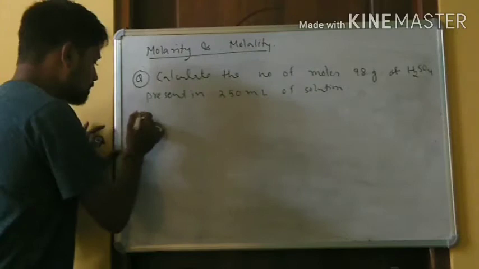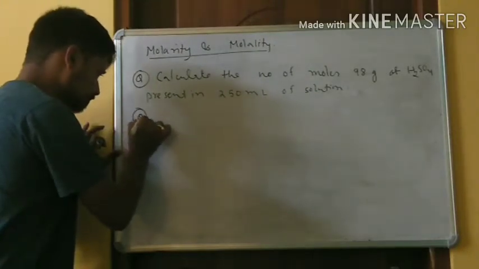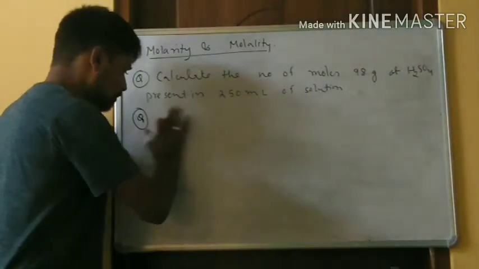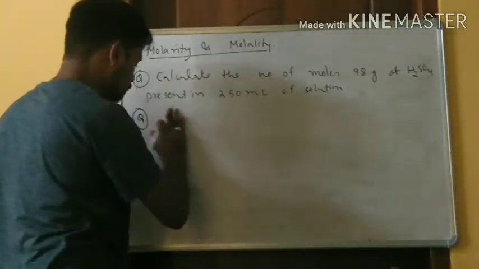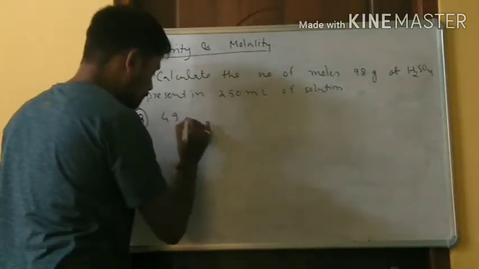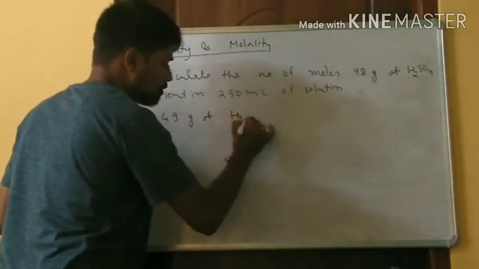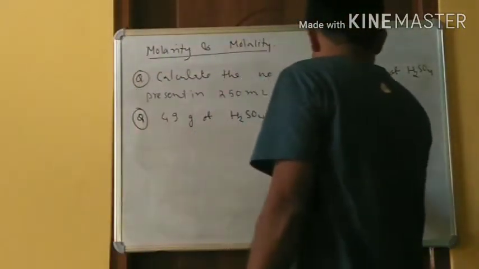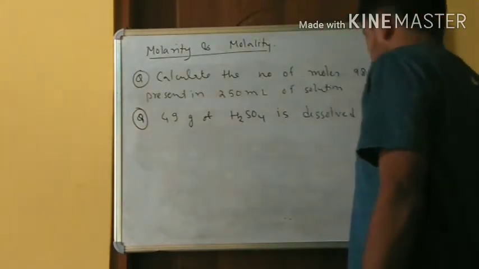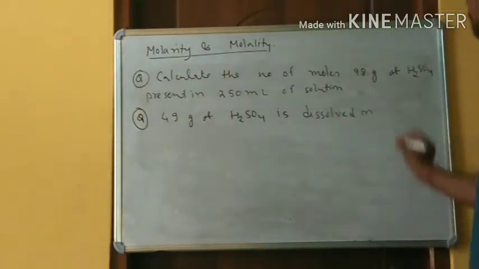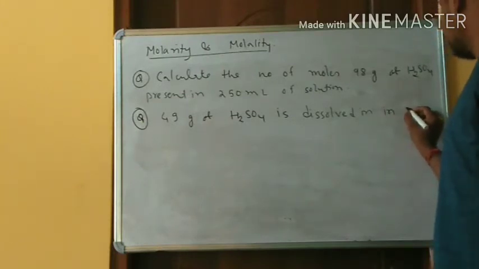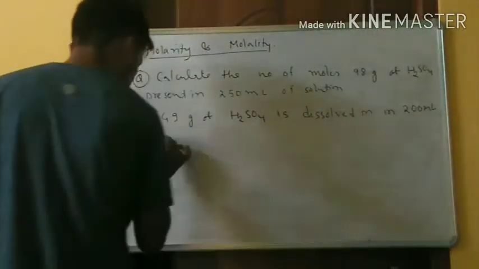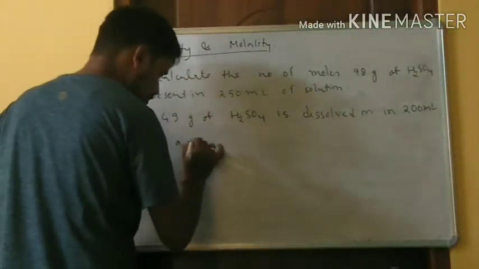Let us take another type of example. 49 gram of H2SO4 is dissolved in 200 ml of a solution.